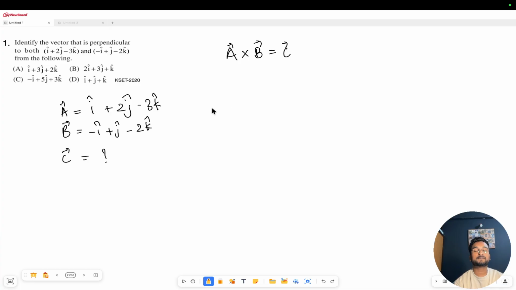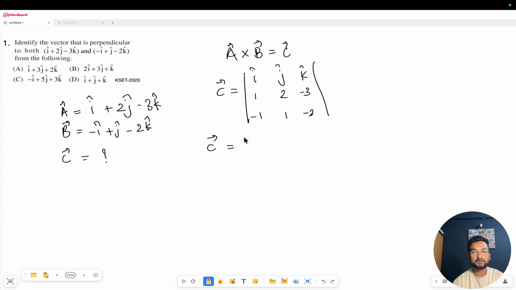So you will get a vector C. Let's see what will be vector C. A cross B is i cap, j cap, k cap, and components of this 1, 2, minus 3, and this one minus 1, 1 and minus 2. So solve this, you will get a vector C which is perpendicular to A and B. So for i cap, what you will get? Minus 4 minus 3. So it will be minus 7.